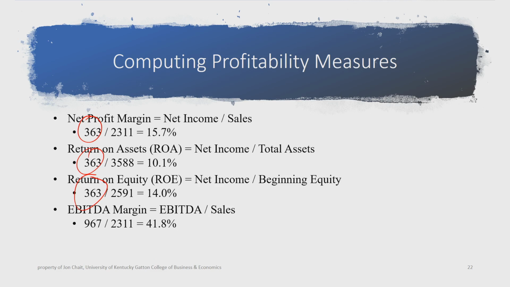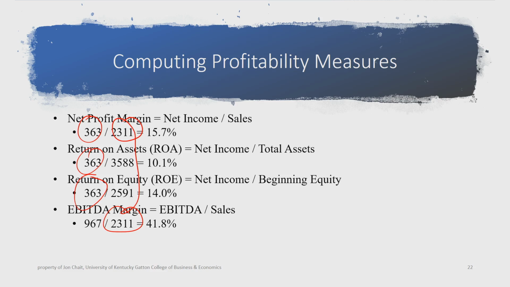And so in this case, again, assuming that EBITDA was 967 divided by the sales. Sales have stayed the same, as you can see from my two examples that are fictional. And we get a fantastic EBITDA percentage of 41.8. Again, in and of itself, it doesn't mean anything.